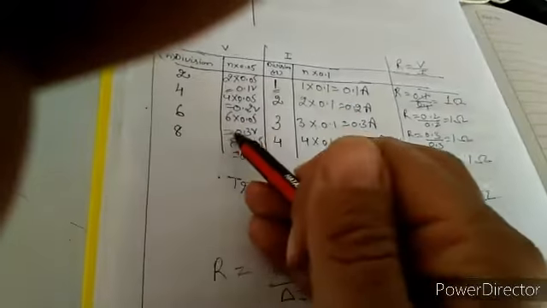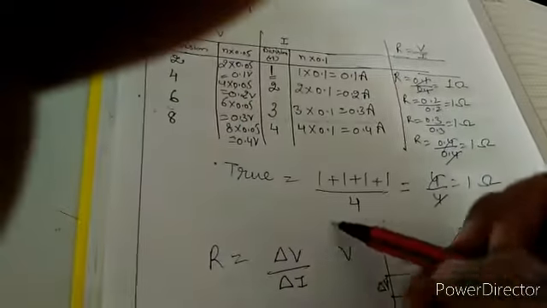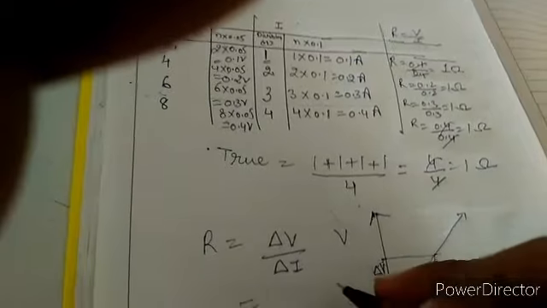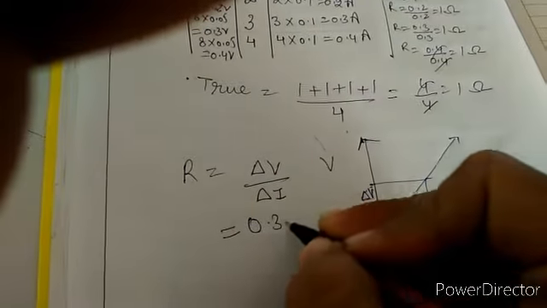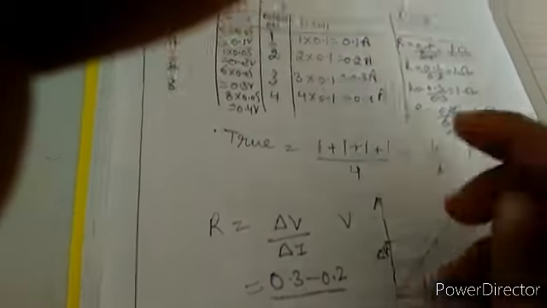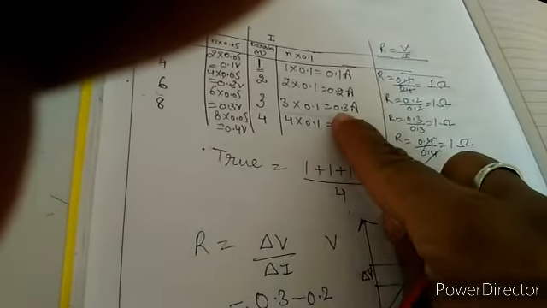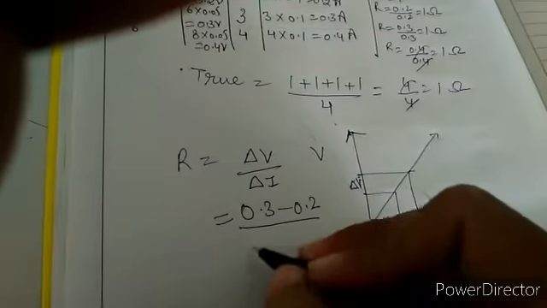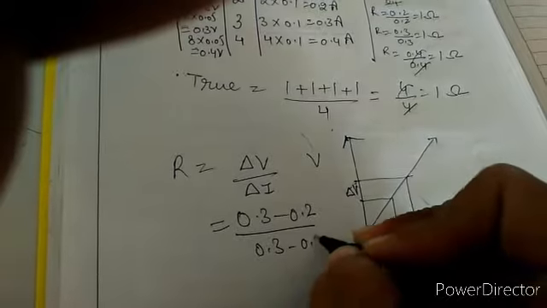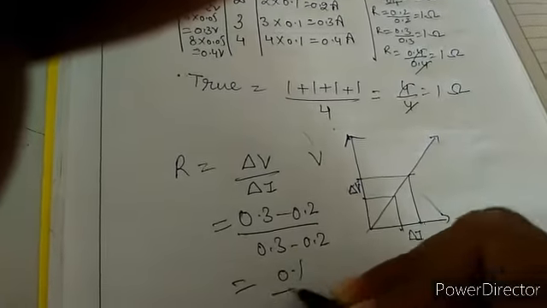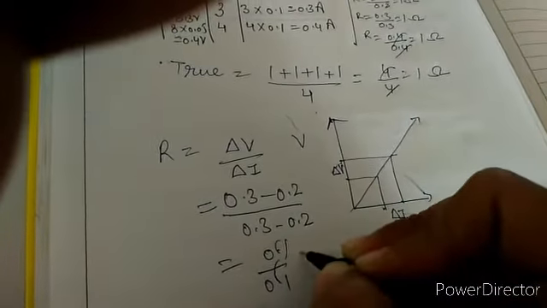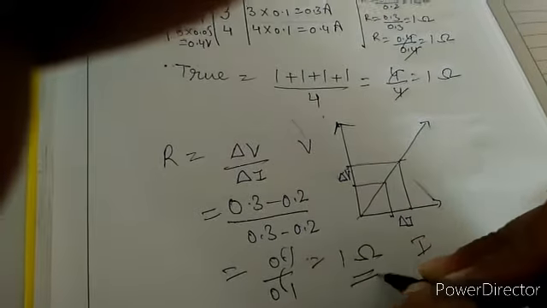So if we take these 2 points, it will be 0.3 minus 0.2 divided by the corresponding current 0.3 minus 0.2, that will be 1 ohm. This is the resistance of this wire.